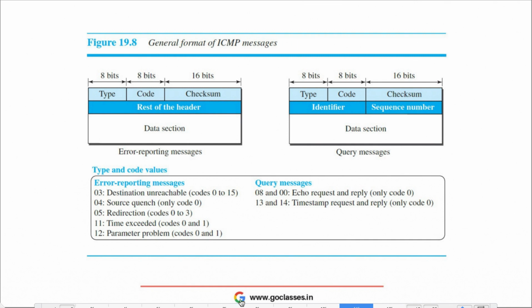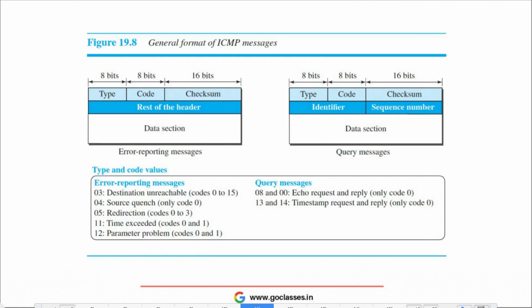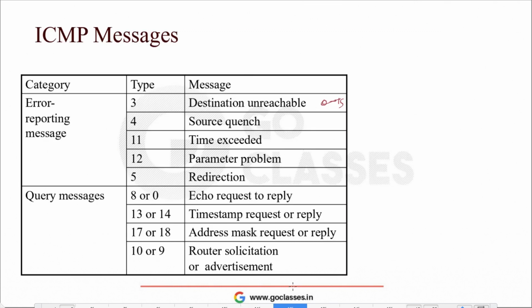We will not study these types and codes in detail. My idea is just to tell you how ICMP helps the IP protocol provide error control. For error reporting messages these are the types, and for every type there are different codes. Here you have codes 0 to 15, here only code 0, and here 0 to 3.